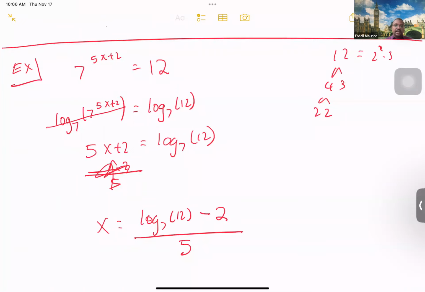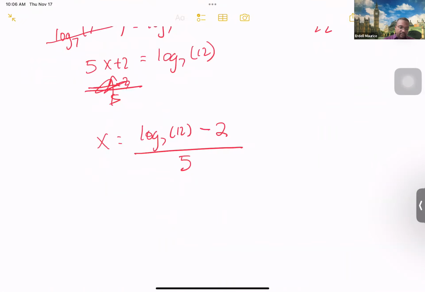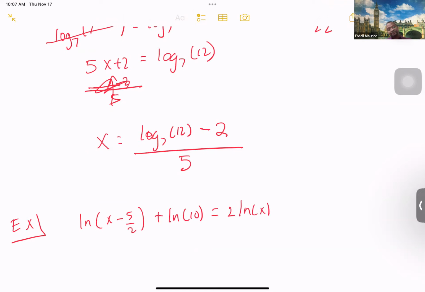All right. And then the last one right here, your log equations. Let's say I have ln of (x minus 5) over 2 plus ln of 10 is equal to 2 times ln of x. And I am here trying to solve for x. What we have to do is simplify both sides so I have a single log on each side.